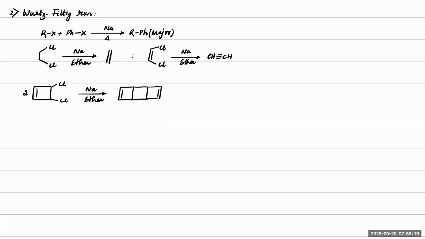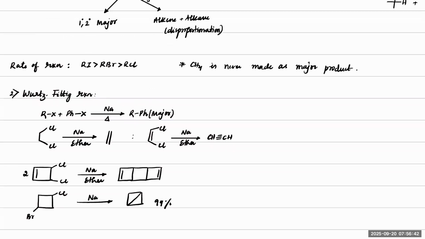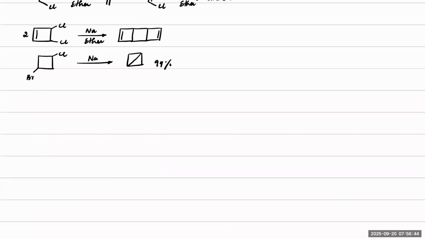This is the way it will happen. Suppose you have chlorine and bromine here, in that case sodium and dry ether will give you 99% major product as internal termination. So this is about the Wurtz-Fittig reaction.